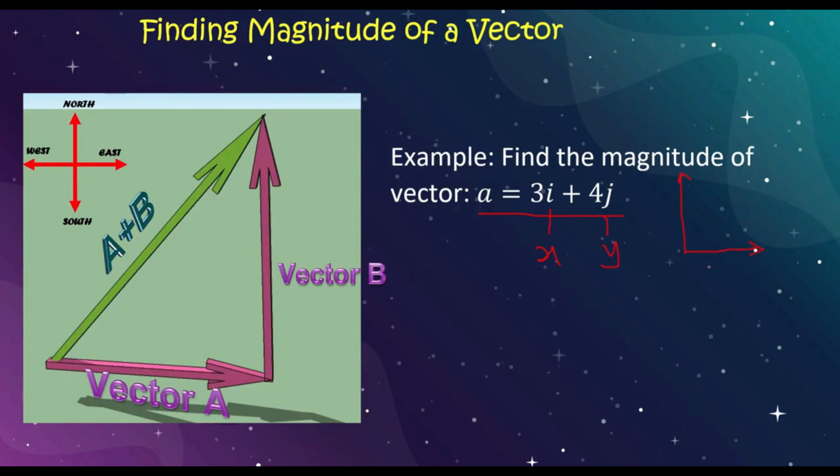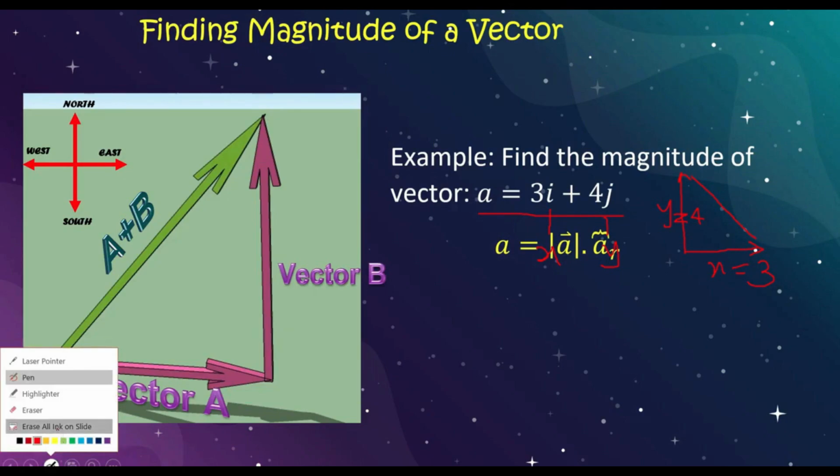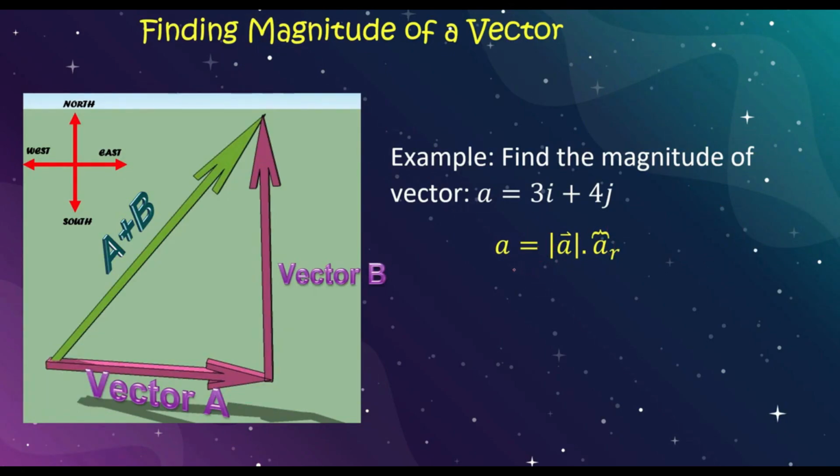So this is 3 and say this is 4, and the resultant will be the hypotenuse. So how will we find out the magnitude of vector A, where mod of A is the magnitude? It is given by square root of ax square plus ay square, where ax is 3 and ay is 4.